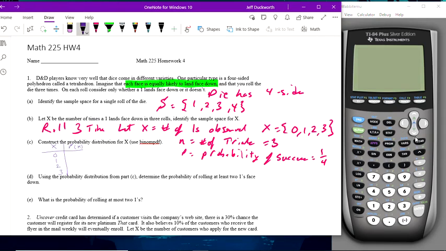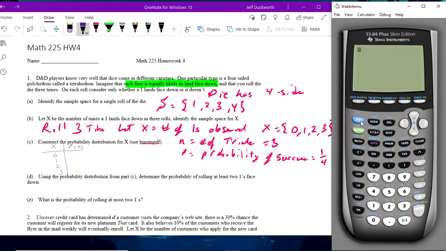So the binom is second, vars. Scroll either way down or up. Binompdf is A on this calculator. Hit enter. And I don't have the display wizard up, but it'll typically ask you for the trials, P, and what your x value is going to be. Here we're going to have to plug them in.